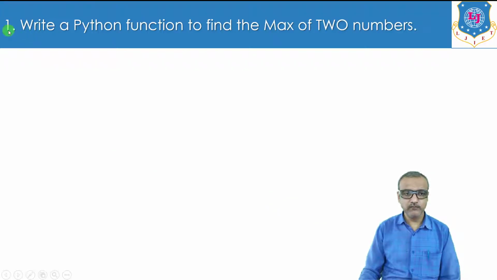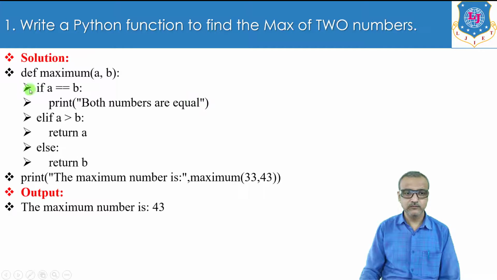See, program number 1: write a Python function to find the maximum of two numbers. So here is the solution. First of all, we will declare the function.